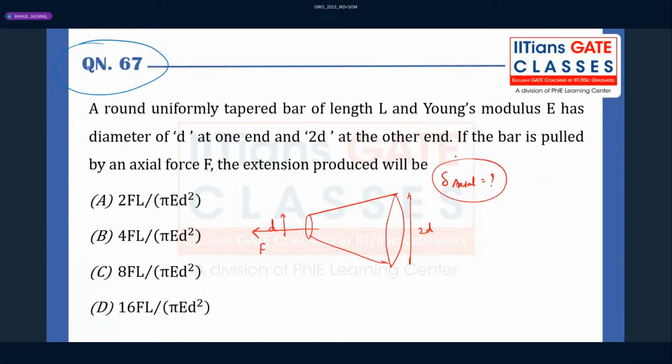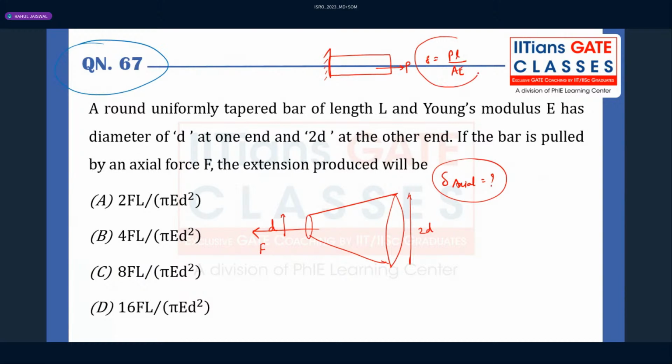Again, a very straightforward question. We have seen this similar question in strength of materials also. Whenever we take a prismatic bar subjected to the load P, we know the deformation is PL divided by AE.